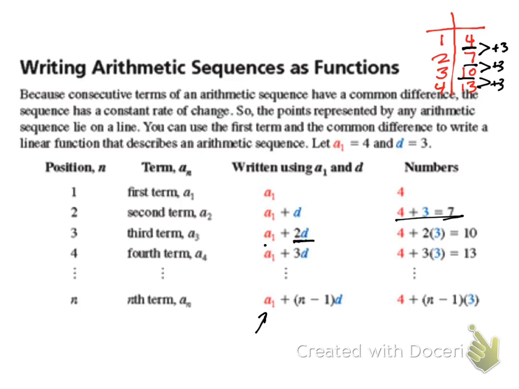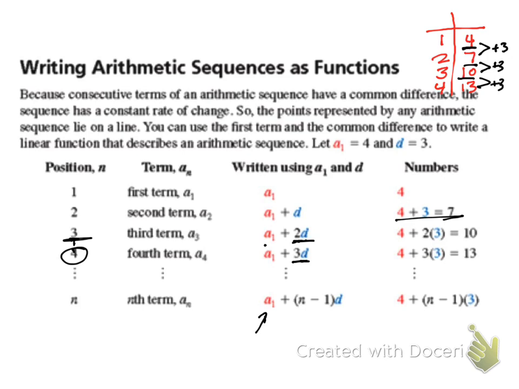So notice in the third term, it's 2 differences that are added. That's why it's n, the term number, minus 1. Does that make sense? The third term is 1 less than the term number 4.